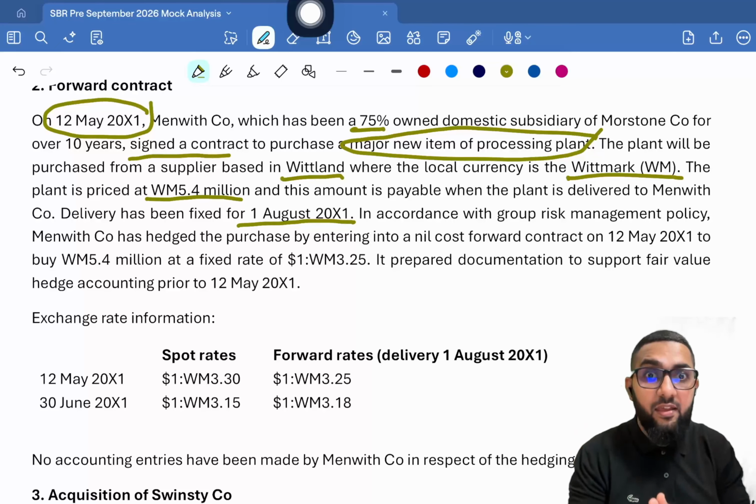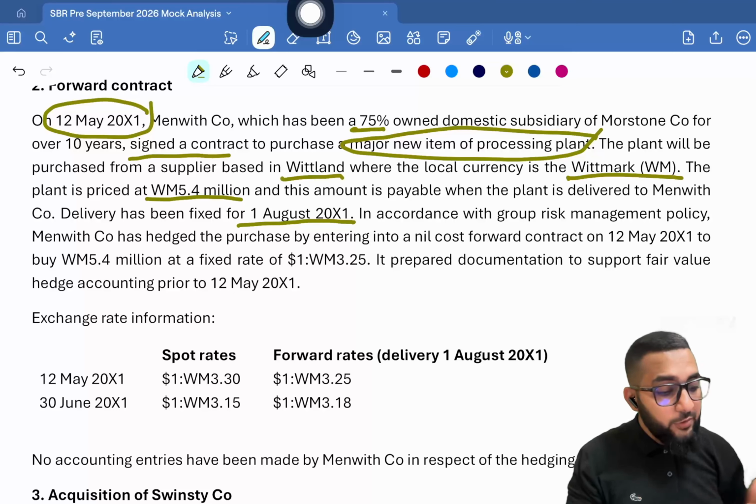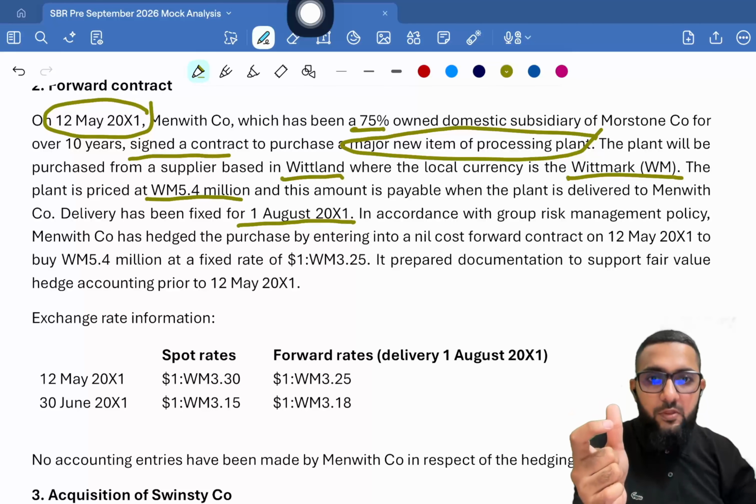Now that risk is there, right? If the foreign currency fluctuation is unfavorable, Menwith will have to pay more, and if it is favorable, they'll have to pay less. It can work both ways. Now here it's the fair value, right? The asset, right?